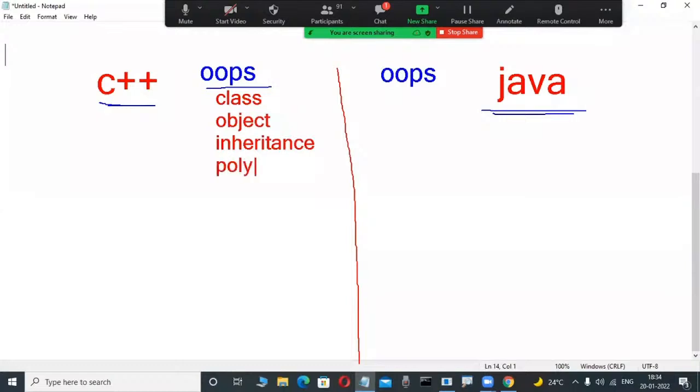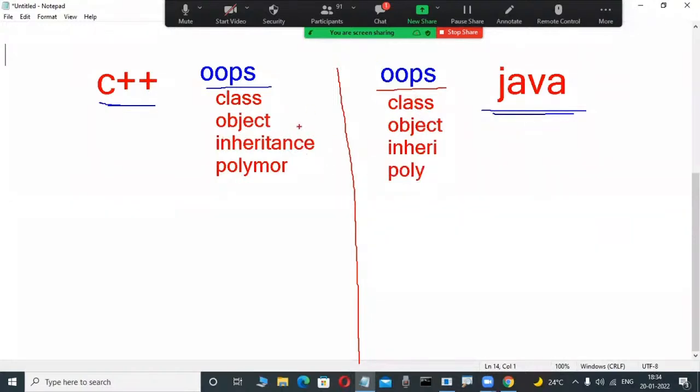Same in Java: what is class, what is object, what is inheritance, what is polymorphism? So many concepts are there. That's why conceptually class, object, inheritance, polymorphism are the same.